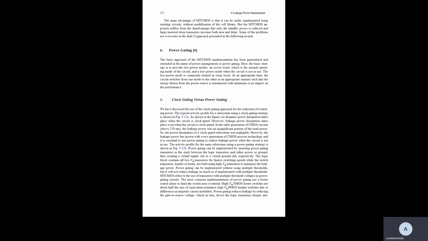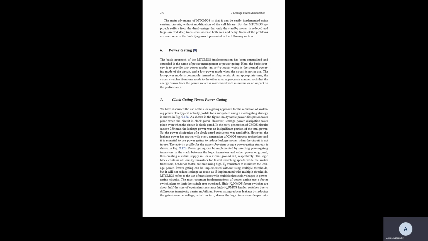The basic strategy is to provide two power modes: one is an active mode, which is the normal operating mode of the circuit, and the other is a low power mode when the circuit is not in use. The low power mode is commonly termed as sleep mode. At an appropriate time, the circuit switches from one mode to the other in an appropriate manner, such that the energy drawn from the power source is minimized with minimum or no impact on the performance.